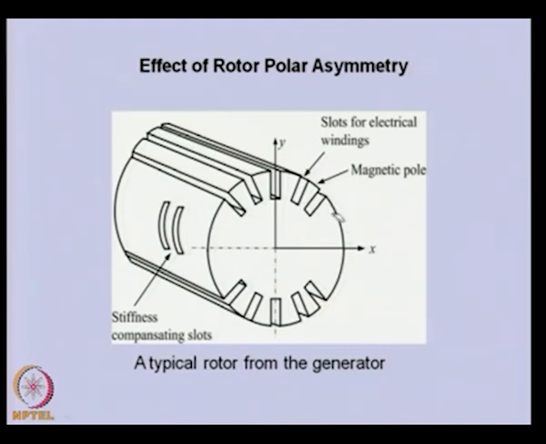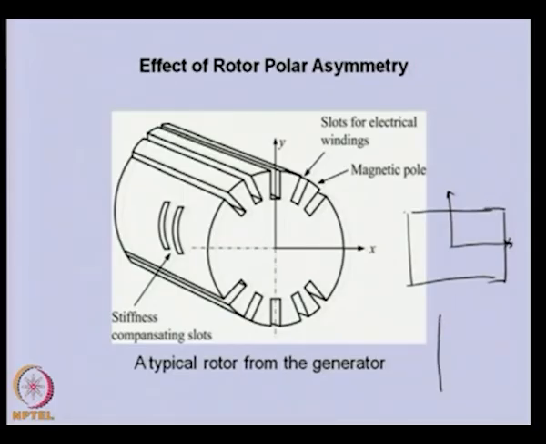So, we can expect that in this particular case the effective area of the shaft will be something like this, because we have removed the material. And we expect that because of this effective area, the depth here and here are different.